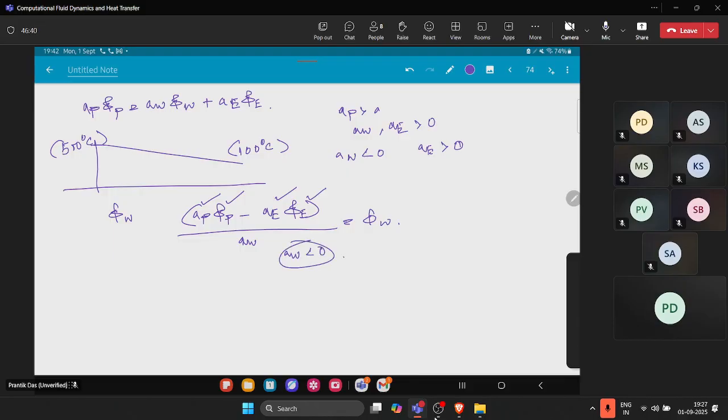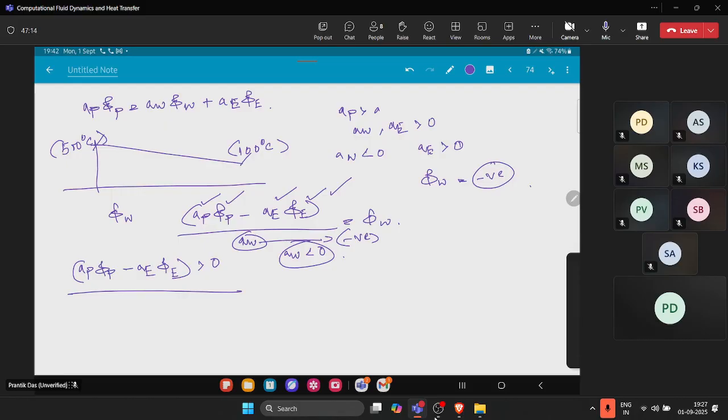And eventually you will see that in most cases, if you are solving a problem, AP phi P minus AE phi E is positive. Okay, so if the numerator itself is positive by any means and AW is negative, then phi W becomes negative, which is unrealistic since you are having a positive temperature across the length of the rod that you are considering in your problem.